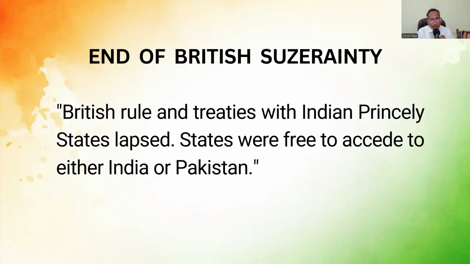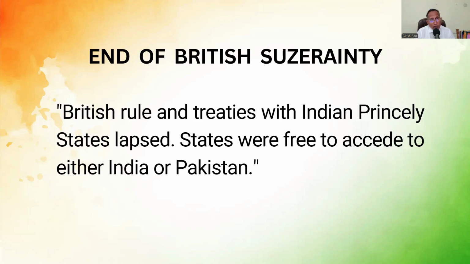Yes, that came to an end of suzerainty, that is, the dominion of British rule over India. India had a lot of states which were ruled by kings. The British had entered into a certain type of agreement with the princely states.